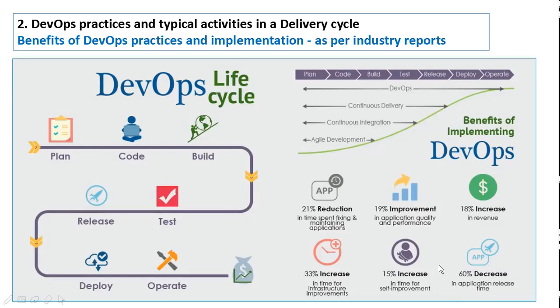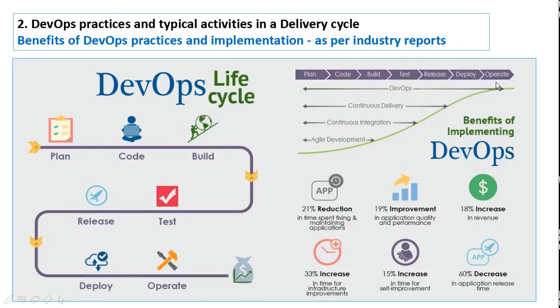And 15% increase in time for self improvement, because of the team collaboration, innovative things are being identified and knowledge sharing is happening. And 60% increase in application release time. So the number of builds is increased, and under continuous delivery, deployments are happening, and DevOps practices are helpful to the development and operations teams.